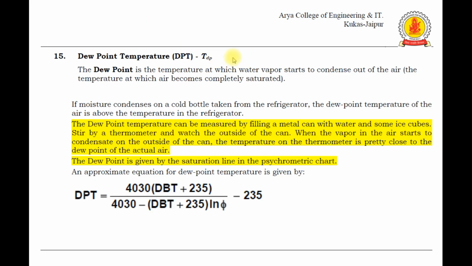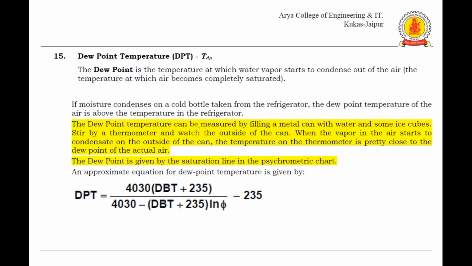Next is dew point temperature. We will represent it as TDP. The dew point temperature is the temperature at which water vapor starts to condense out of the air. How can we measure it?